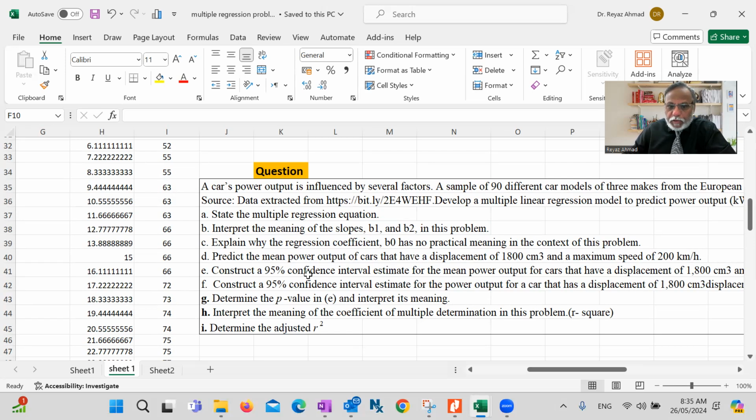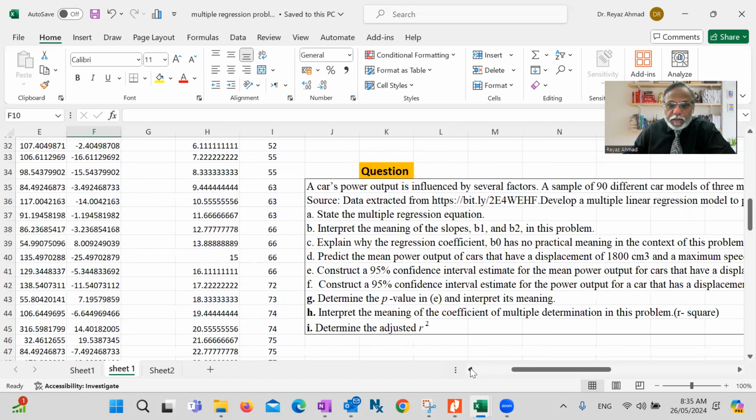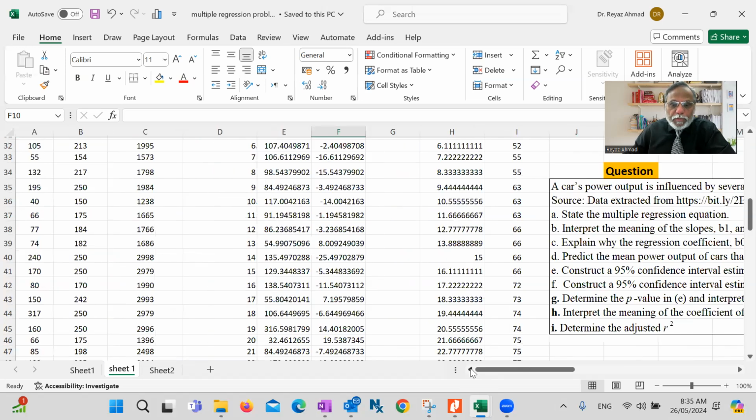And then you have to make a confidence interval, then a prediction interval, and then justify the significance of the regression model through the p-value, and then interpret the meaning of r square and adjusted r square. So these are the questions that I'm supposed to answer based on the data given to me.